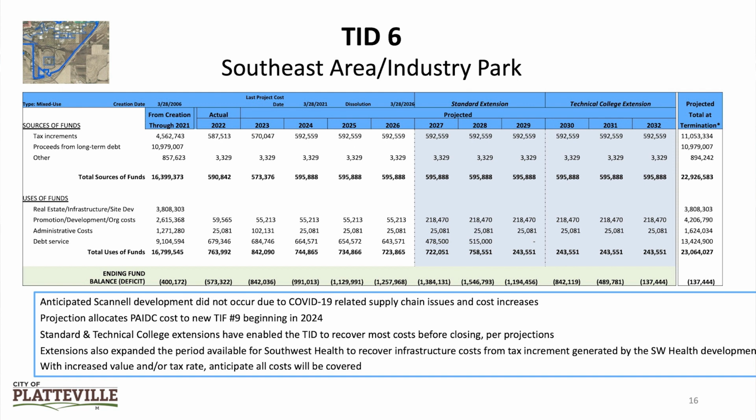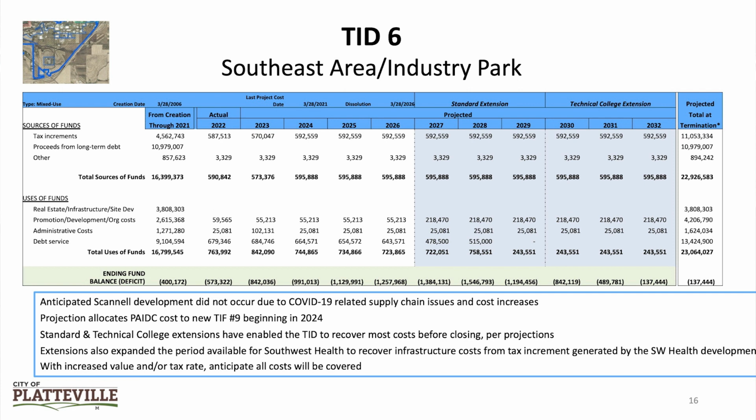Looking at 2022's activity, you can see that the sources of funds were $590,842, with $587,513 of tax increment, and then a little bit from state aid, which is replacing things to do with property taxes and personal property taxes.